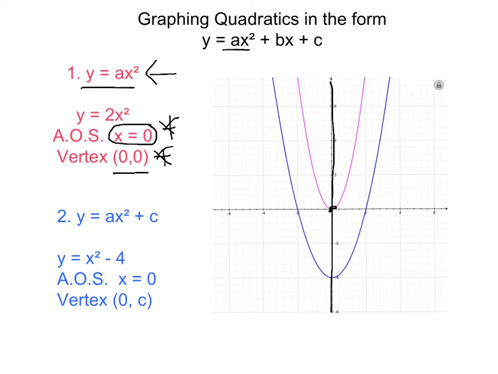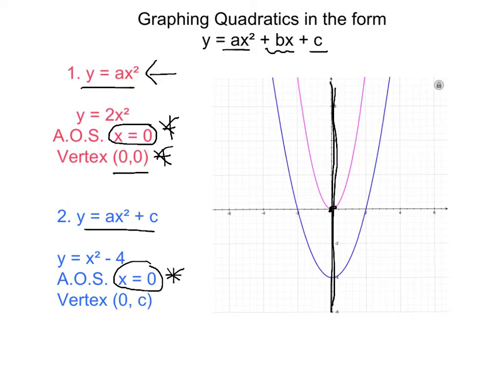Now, the other form, y equals ax squared plus c, we've added that constant term, but we still don't have that middle term. So, because we don't have that middle term, once again, the axis of symmetry is x equals 0, same as above. That means the parabola wraps perfectly around the y-axis.